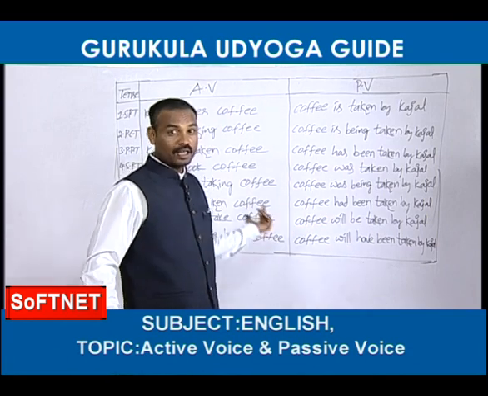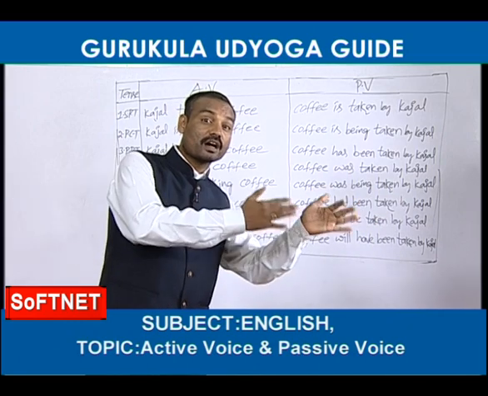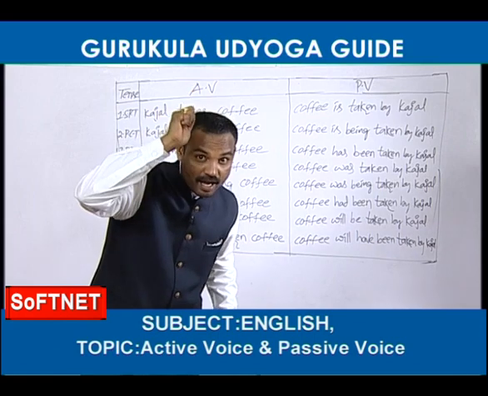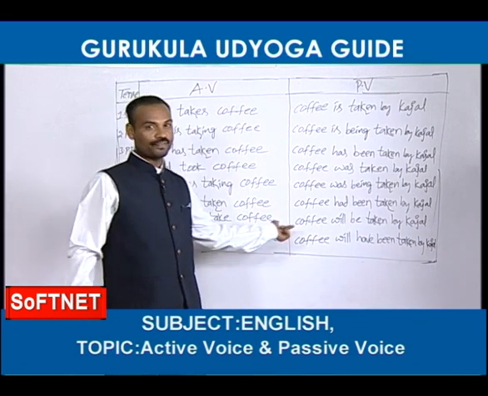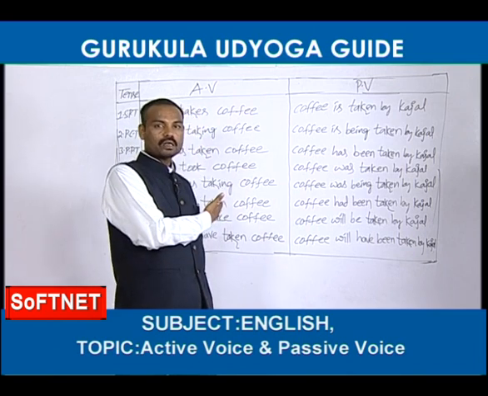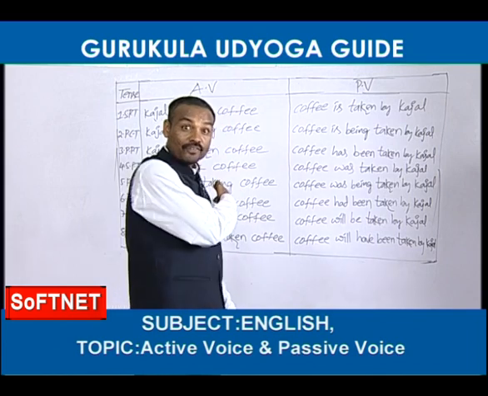Wow, come on. In this sentence, where is the object? Kajal was taking coffee. Coffee is the object. Come on. Coffee. Next helping verb. Which helping verb is there? Was. Coffee was. Next ing form is there.